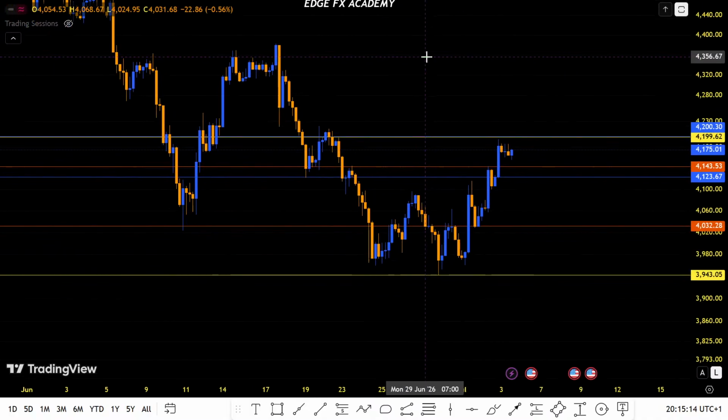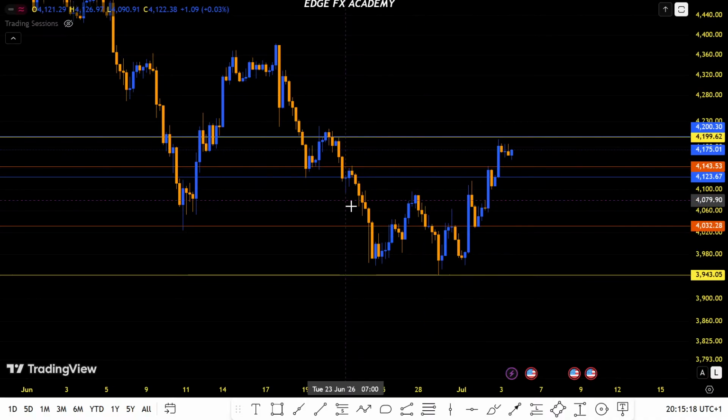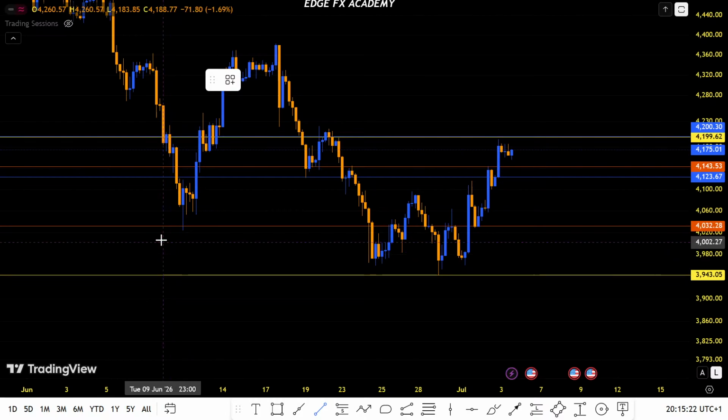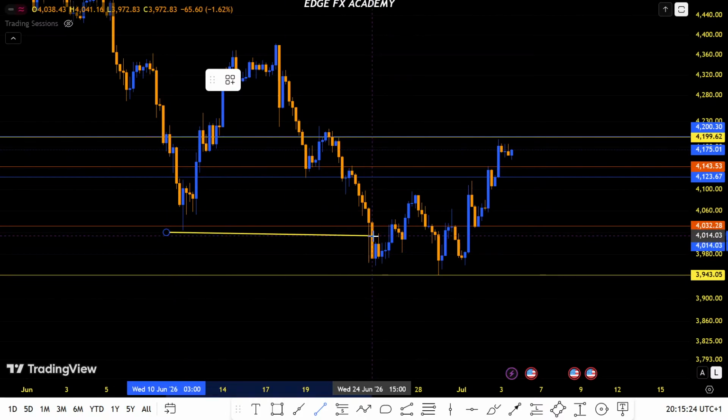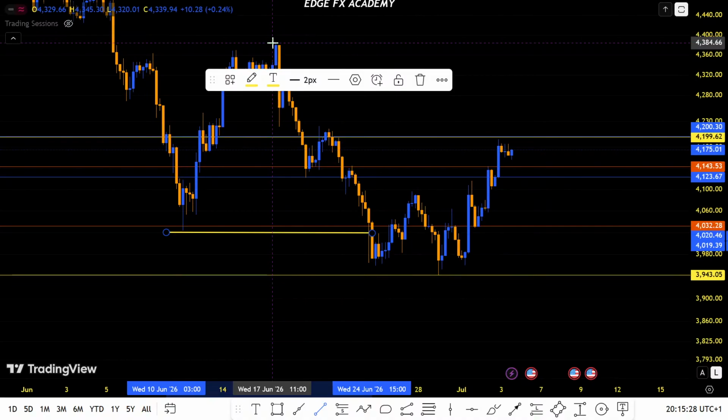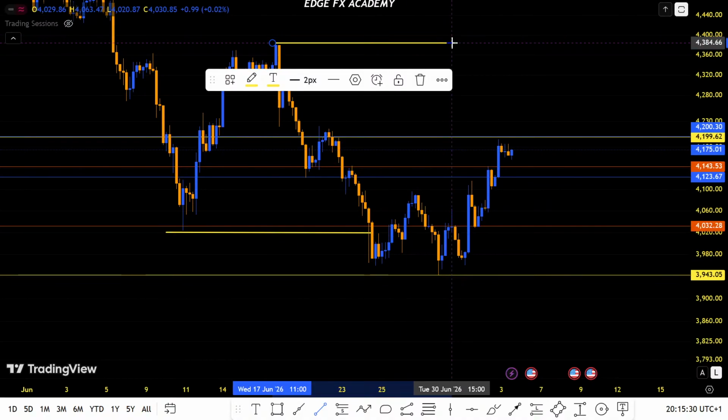So we're going to be looking at what was the last break of structure in the market. So I'm taking my liner. This was the last break of structure, and this was the last change of character.